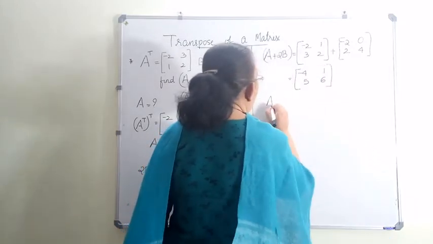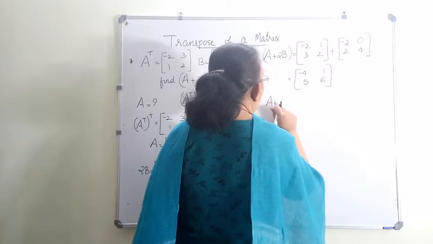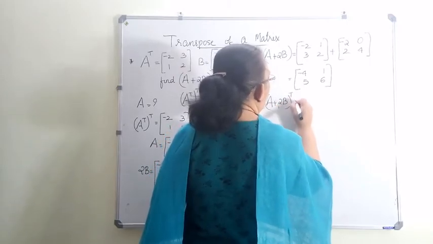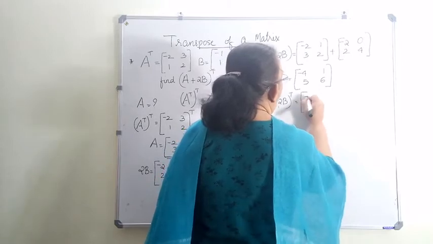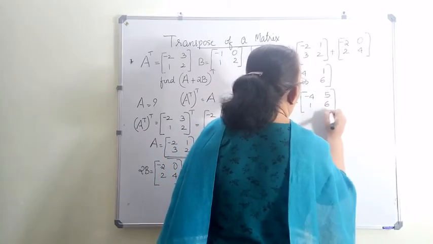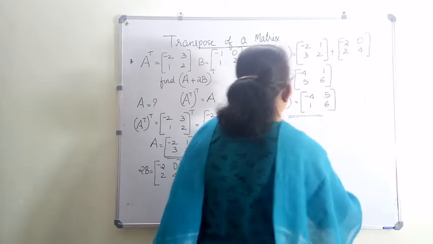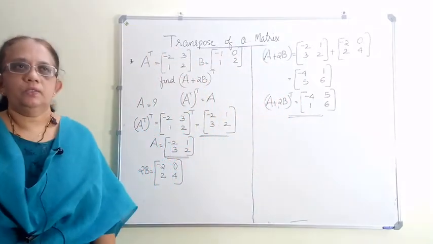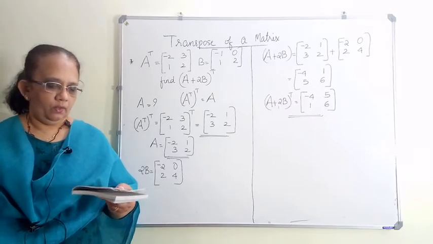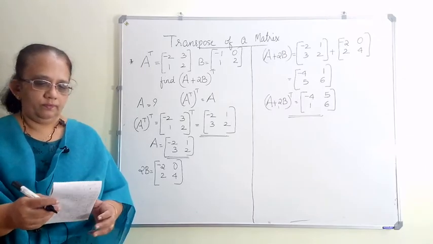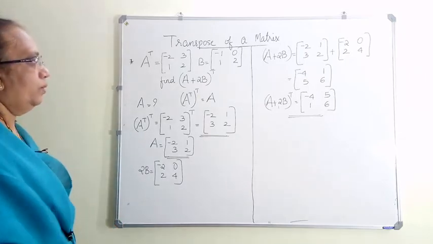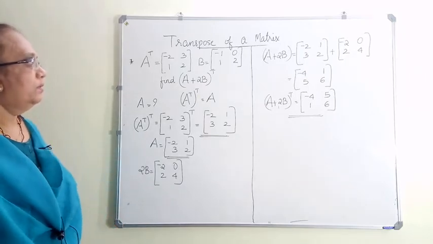And your question is A plus 2B the whole transpose is equal to -4, 5, 1, 6. It's also an important question, frequently asked question. I hope it is clear to you.